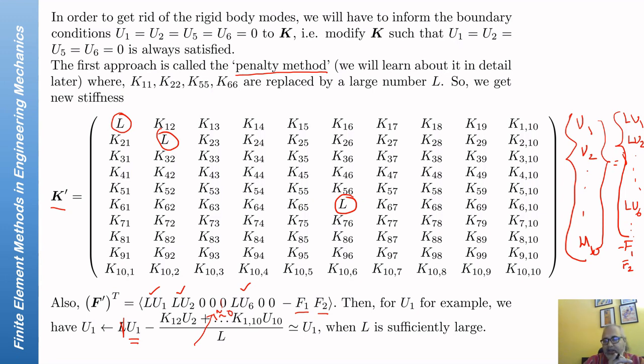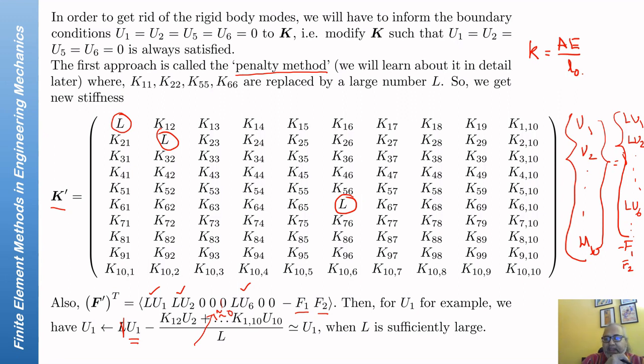Remember, in our case, the stiffness matrix elements are of the order of K, which is defined as AE by L naught, and therefore the values of these things will depend on these parameters. Depending on the value of K you will have to choose an L. So it's not really independent of the problem that you are solving.